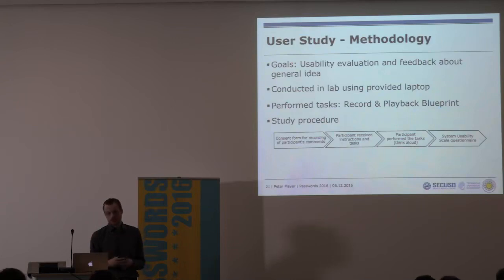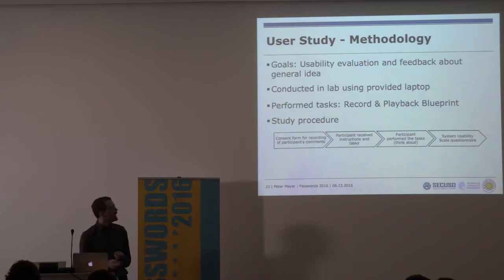We made an audio recording, and so we needed the consent for that, of course. Then the participants received instructions on how to operate the add-on and the actual task they had to perform. And then the participants performed the tasks with this think aloud method, and in the end, they filled out a system usability scale questionnaire.